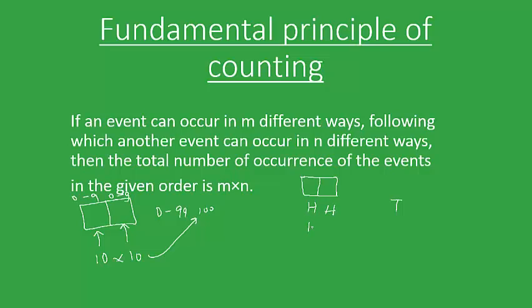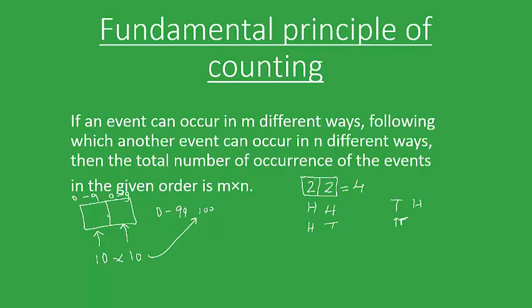So we'll have these four combinations: head head, head tail, tail head, and tail tail. This equals the outcomes of the first coin into the outcomes of the second coin, that is 2 into 2, which is equal to 4, the total number of outcomes when we toss two coins.